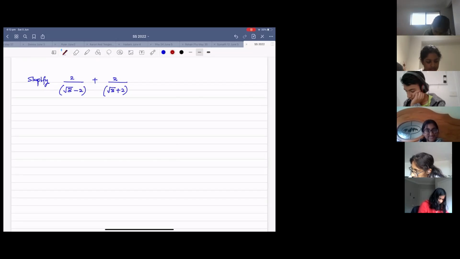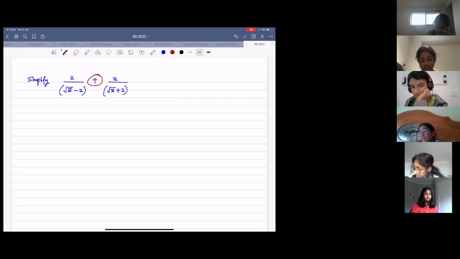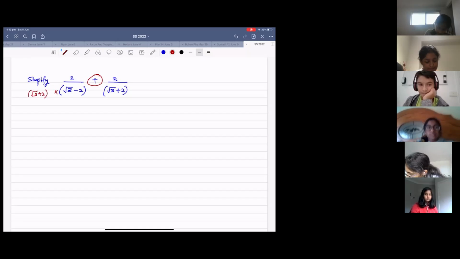Okay. Let me take over. Now this is a plus, right? Plus means you have to consider common denominator. So that means you are multiplying this by the other term, which is square root 3 plus 2, the same thing, square root 3 plus 2.